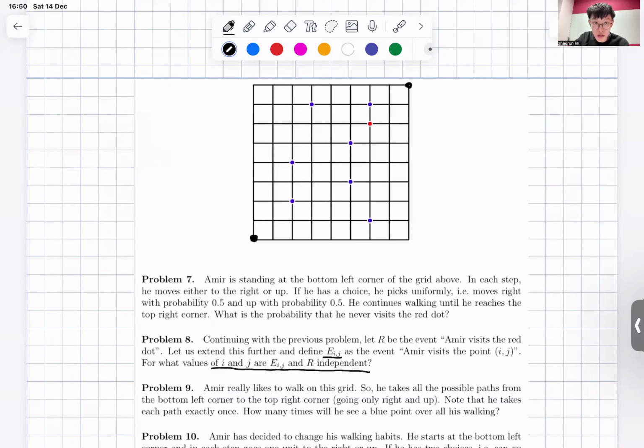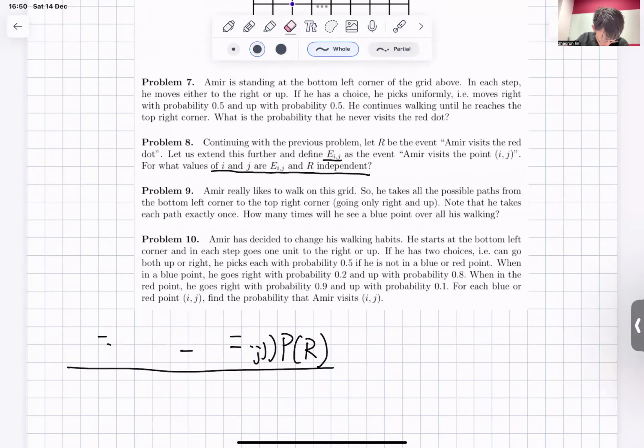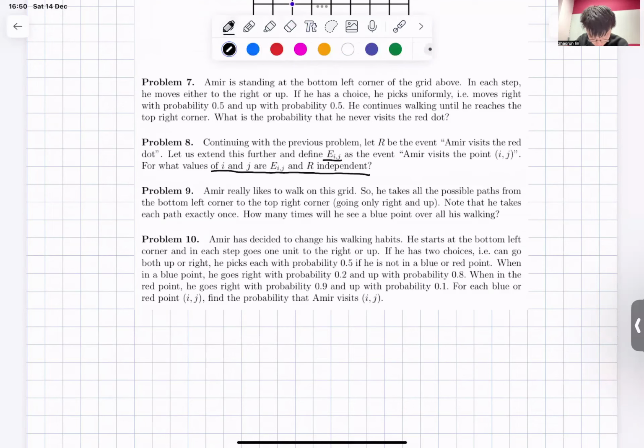And this is for problem 9. Problem 10 is just the same as problem 7, except that now at a blue point, we go right with 0.2 probability and go up with 0.8.